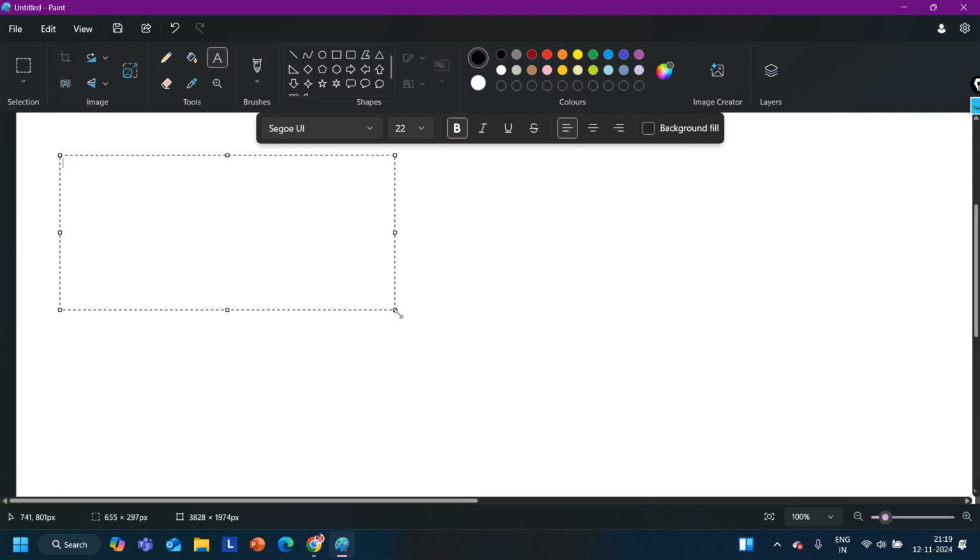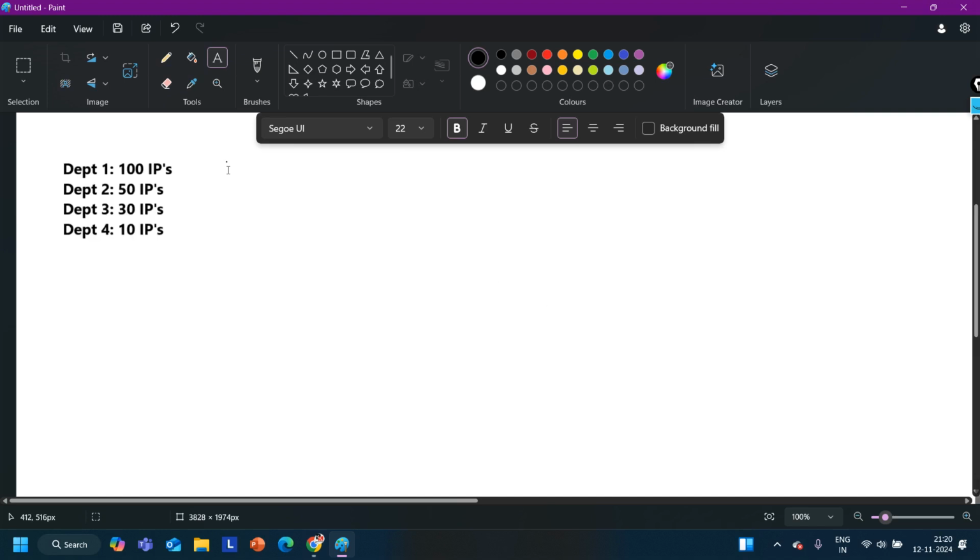4 departments or 3 departments. In department 1 I need 100 IPs. In department 2 I need 50 IPs. In department 3 I need 30 IPs, and in department 4 I need 10 IPs, right?